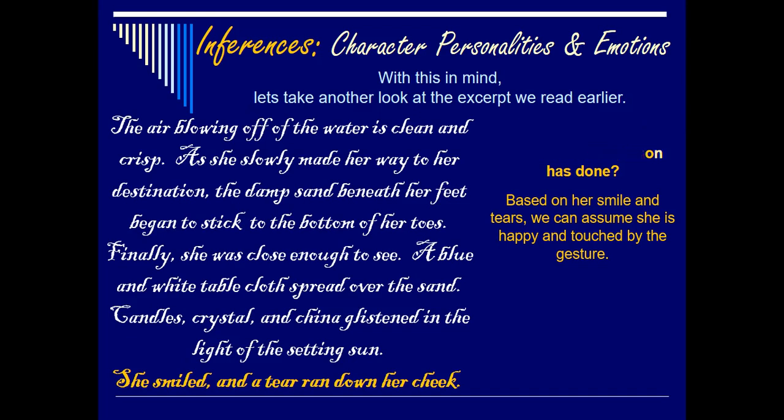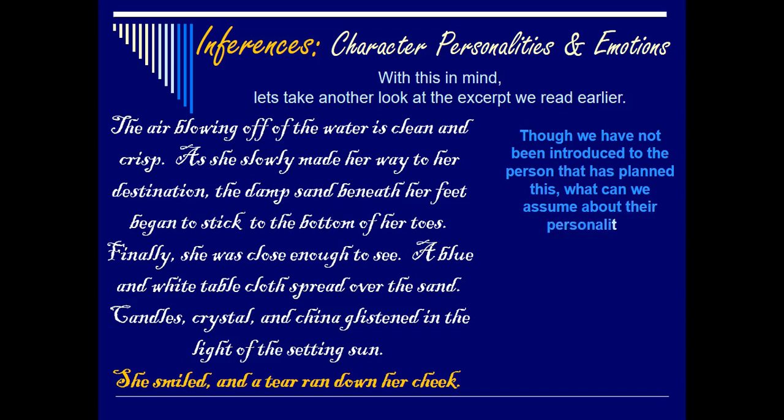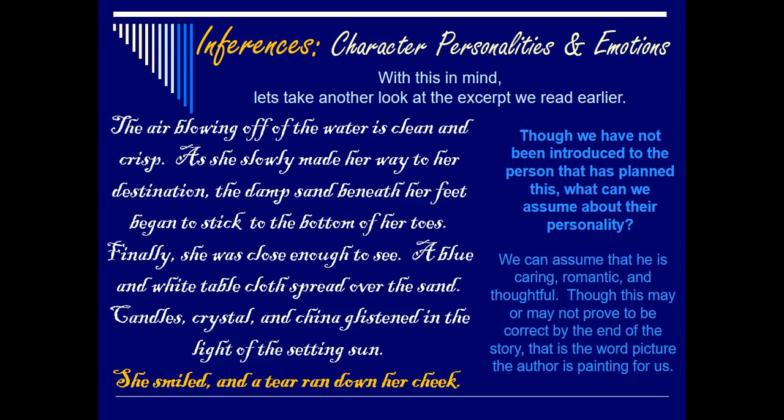Because she said there she smiled and a tear ran down her cheek, right? Though we have not been introduced to the person that has planned this, what can we assume about their personality? We can assume that he is caring, romantic, and thoughtful, though this may or may not prove to be correct by the end of the story. That is the word picture the author's painting for us right now.